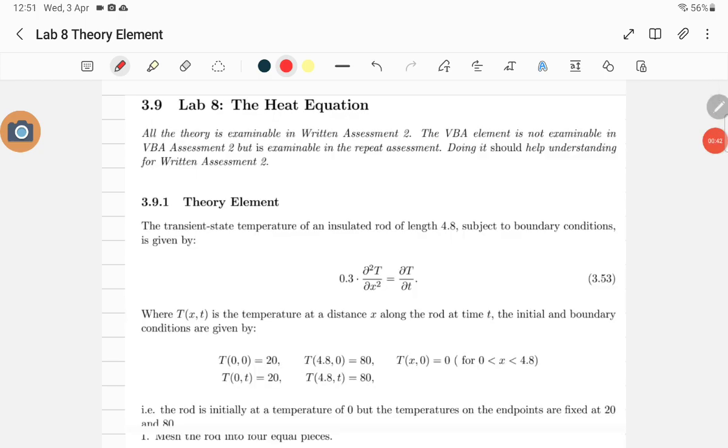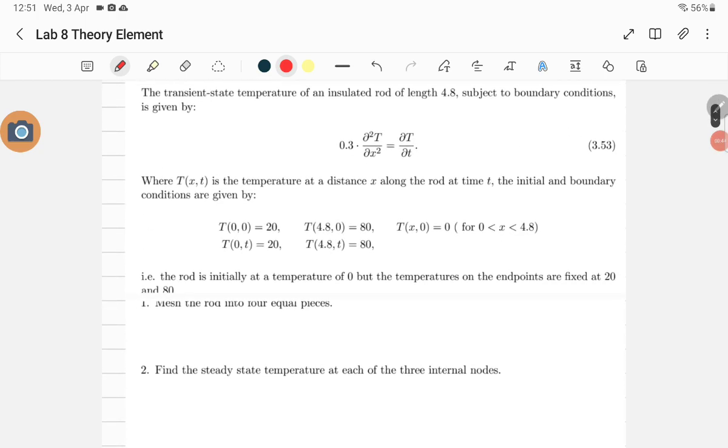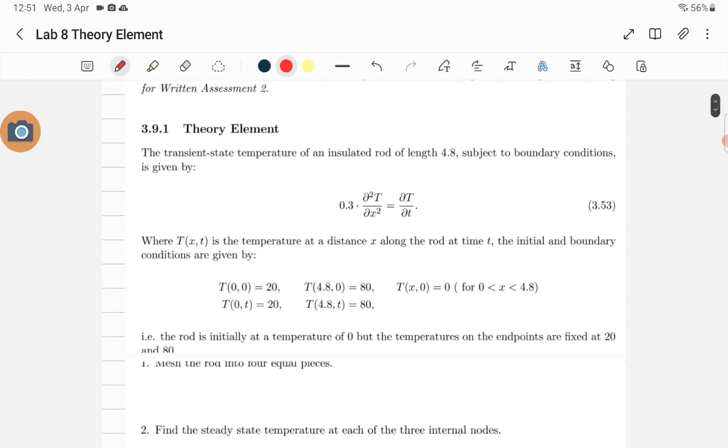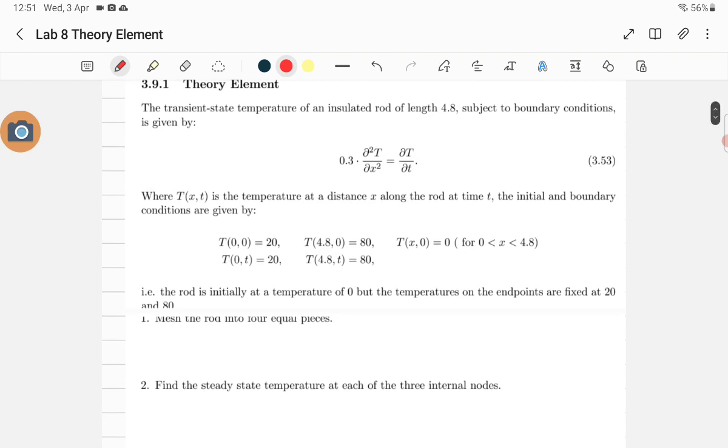Okay, we're back. Right, so first of all, mesh the rod into 4 pieces. There's a little bit of help here if you're working on your own. So we've got a rod of length 4.8. Something like this, and this is all it's really asking for.